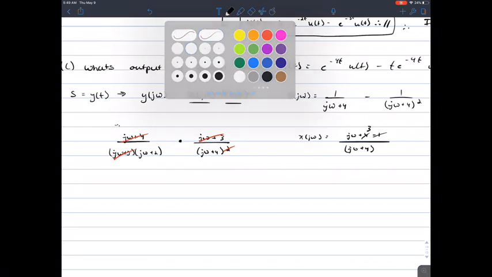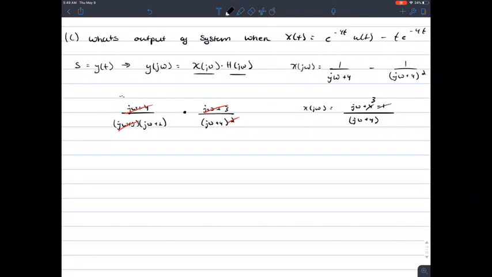So what we are going to be left with is Y(jω) equal to 1 over (jω + 2) times 1 over (jω + 4). Okay, this is going to turn into another partial fractions, doing v substitution.